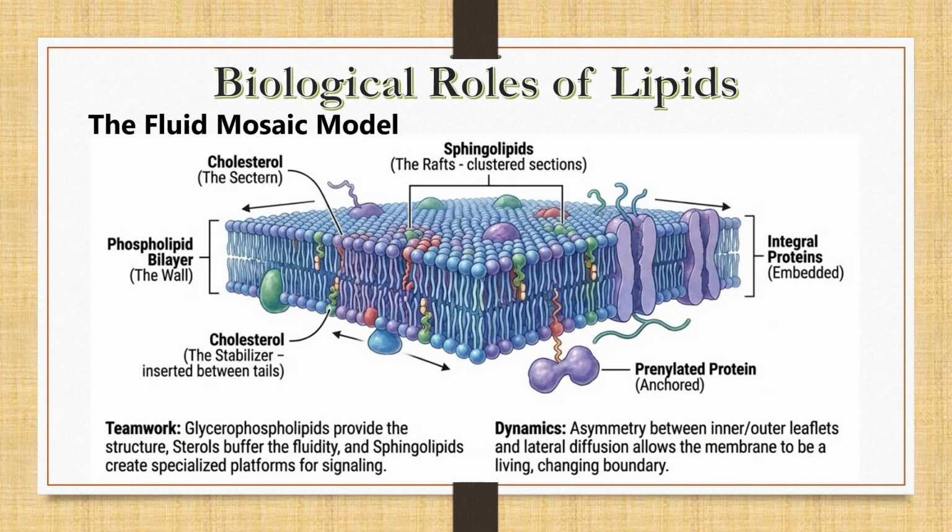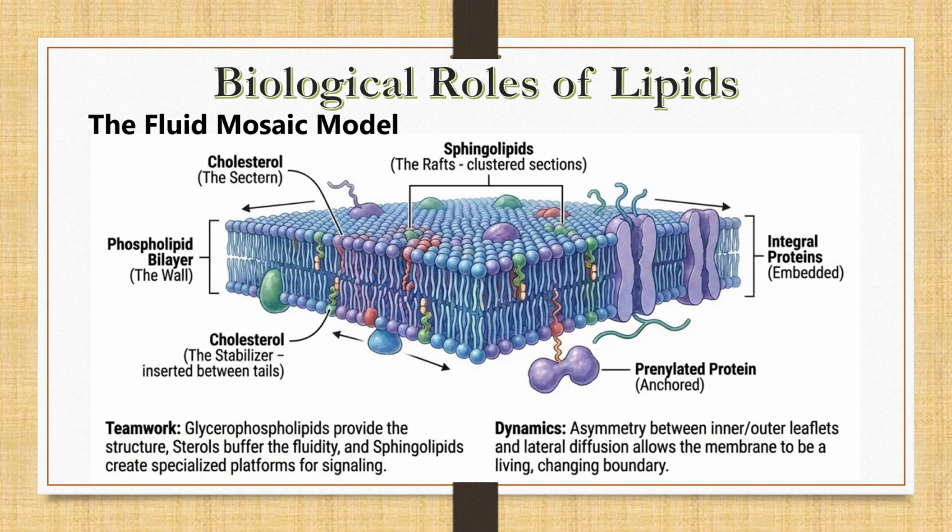In this model, glycerophospholipids and sphingolipids form a bilayer in which the hydrophobic fatty acyl chains face inward, while the hydrophilic heads face the aqueous environment. This arrangement is a direct consequence of lipid amphipathicity.